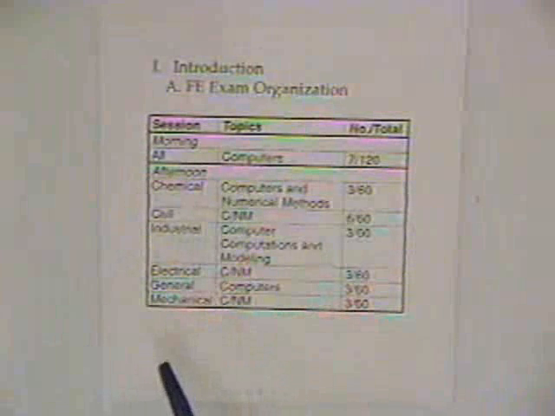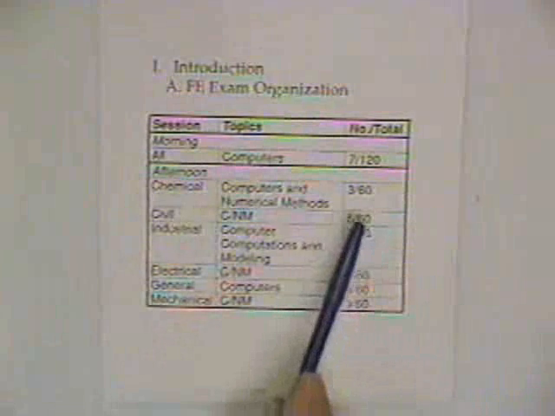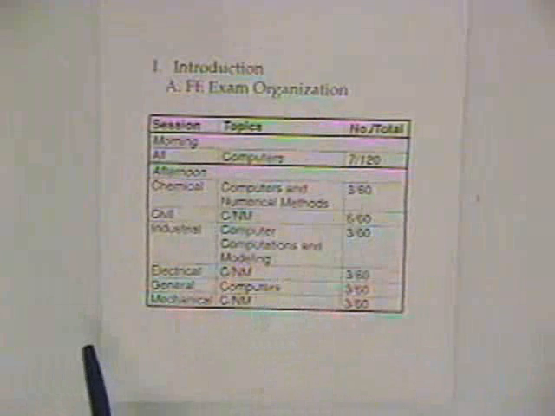For example, the chemical engineers will have 3 questions out of the afternoon 60 on computers and numerical methods. The civils will also have questions on computers and numerical methods, but we'll have 6 out of the 60 in those areas. So the mix of questions to expect depends on the type of exam that you'll be taking.